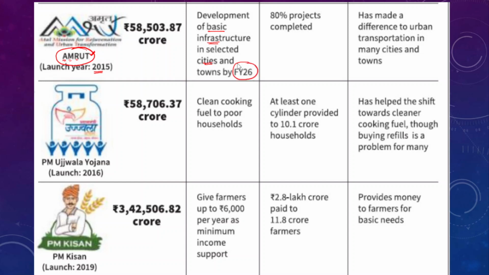We have the urban areas and there is a need to rejuvenate these urban areas by developing infrastructure. So therefore, the government has launched the Amrut program. And if we talk about the major achievements of the Amrut program, around 80% of the total projects in these urban areas have been completed. So it has made a lot of difference in urban transportation in many cities and towns.